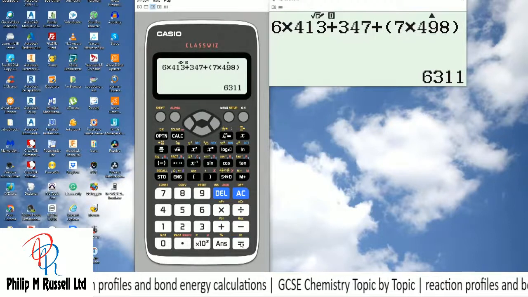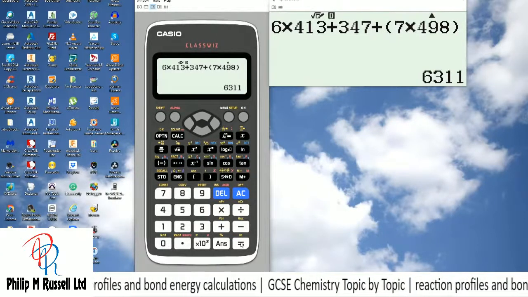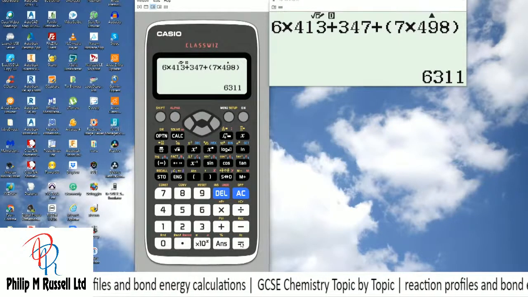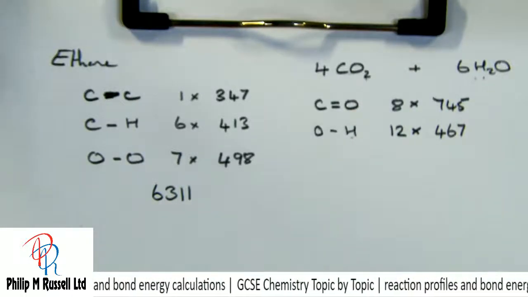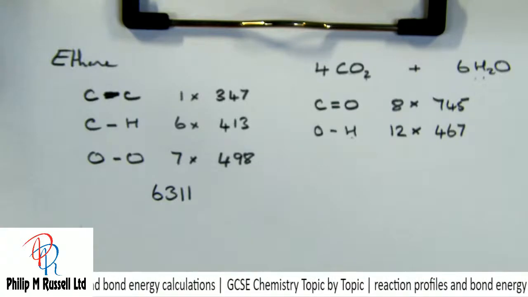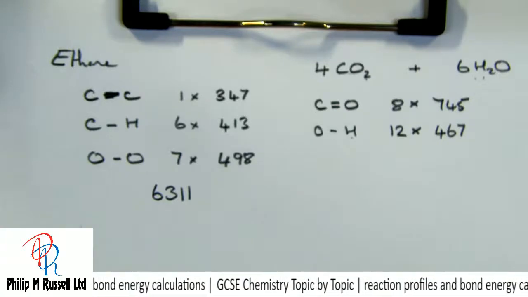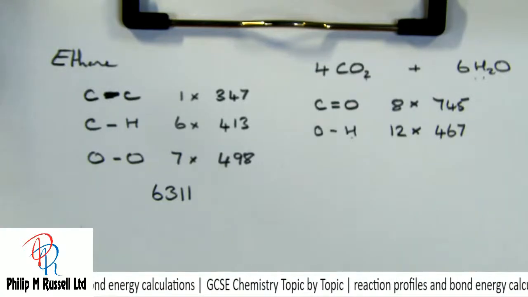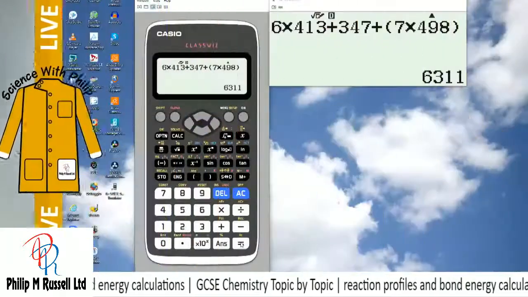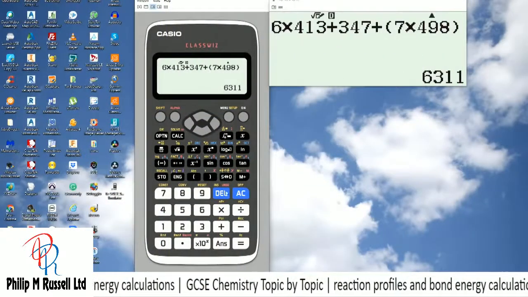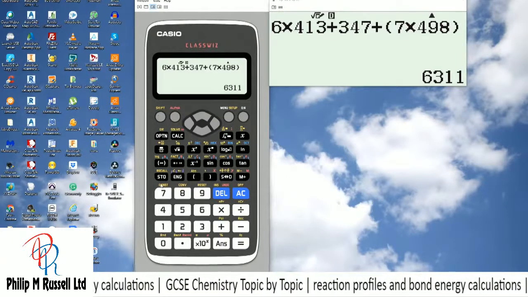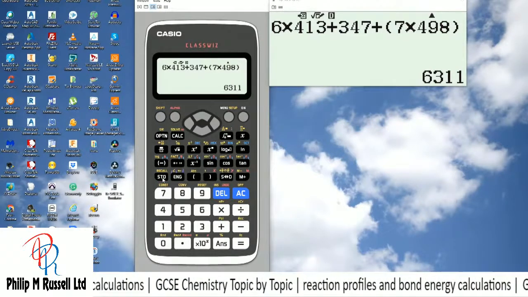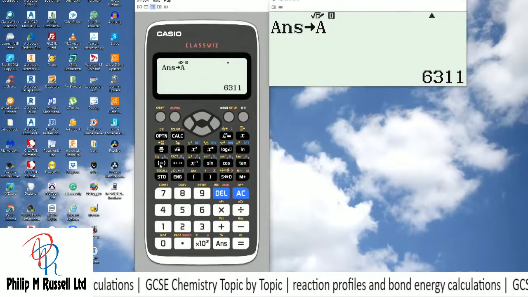That gives us a whopping 6311. That's what we need to put in. But let's look at what comes out. I'm just going to store that in the calculator's memory.